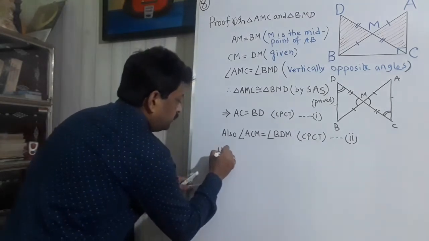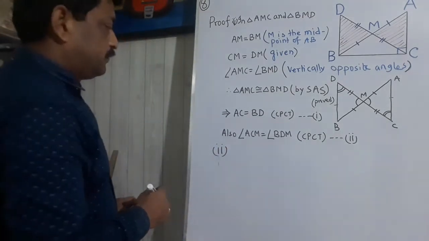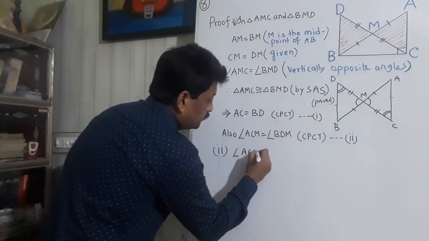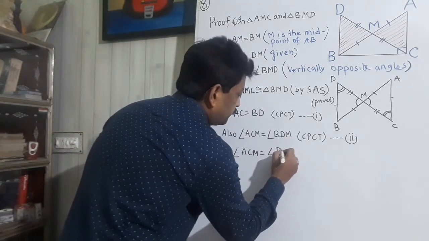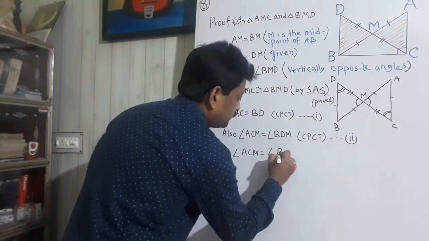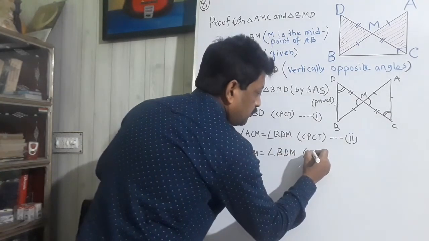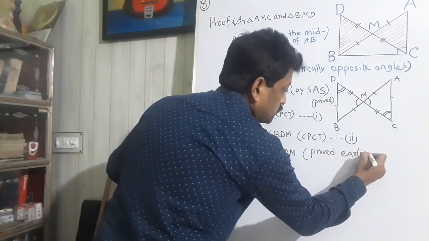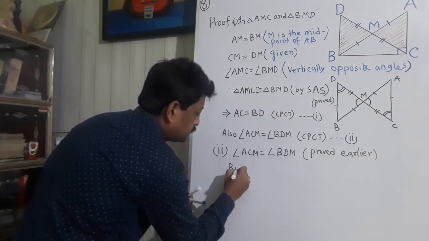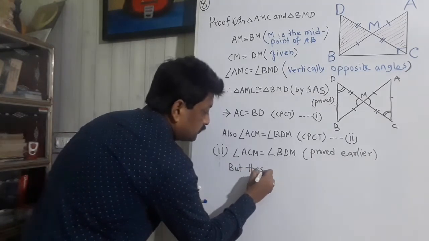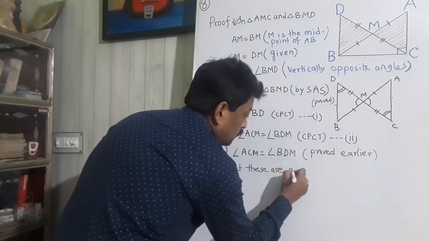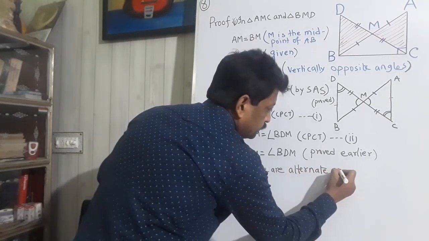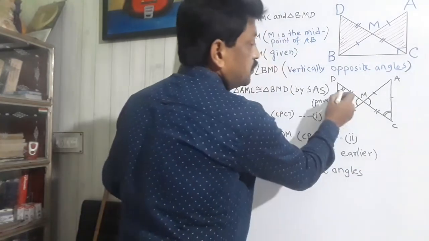So before starting this one, we can say that angle ACM is equals to angle BDM, proved earlier. But these are alternate angles.